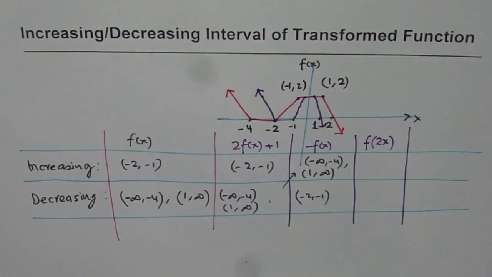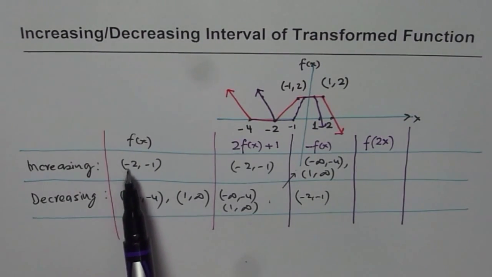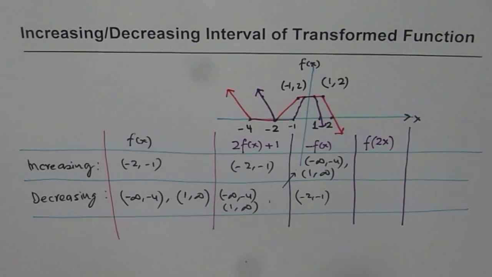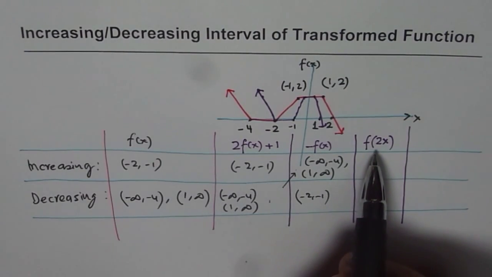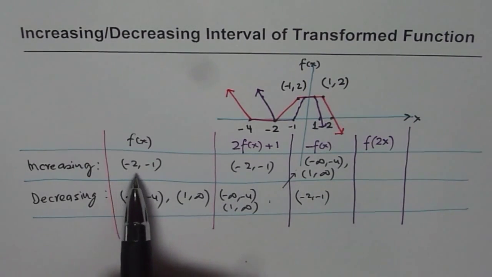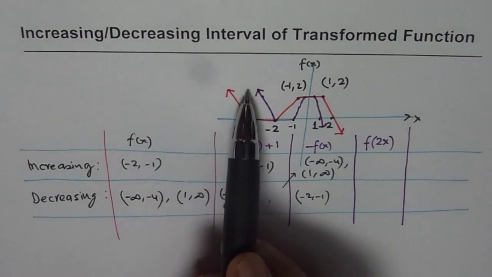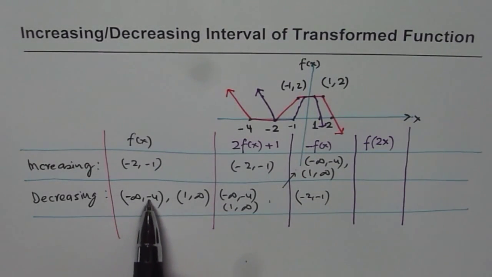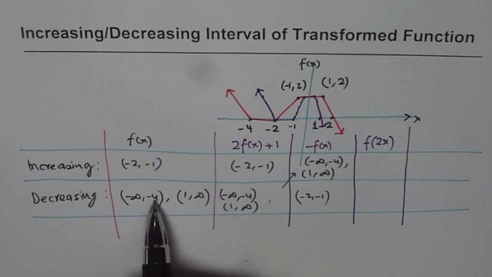Now with that, you can appreciate that the intervals change. The x values really get multiplied by half. That is how it changes, right? So when we are doing horizontal compression or stretch, the x values will change. As you can see, the decreasing interval, instead of from minus infinity to minus 4, is now up to minus 2, so minus 4 times half, correct?